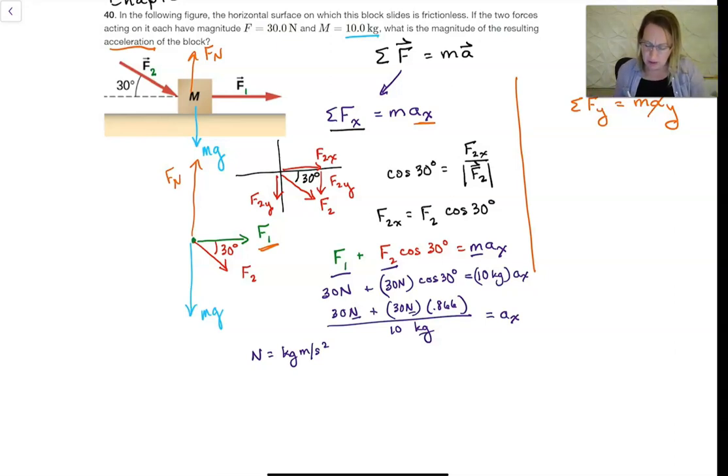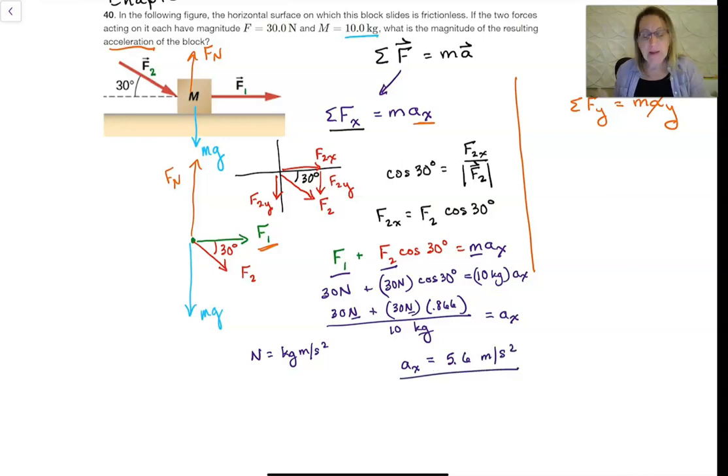If I plug all of this in, 30 times 0.866 is about 26, add the 30, divide by 10, and you get an acceleration of 5.6 meters per second squared. That's the answer they're looking for: what's the acceleration of the block?